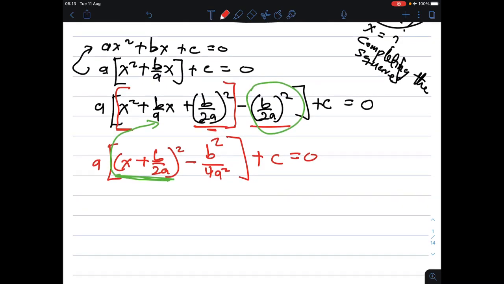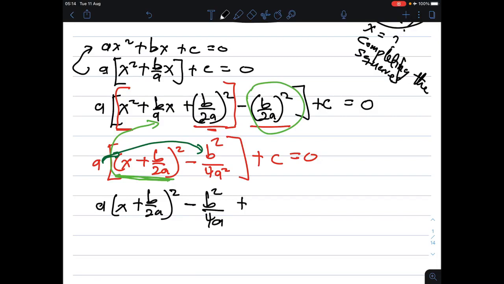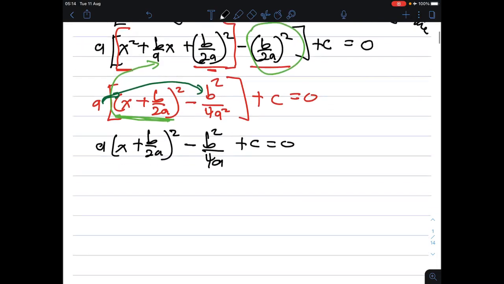So at this time, what we want to do is that we want to use this a to multiply this and then use it to multiply that. Okay, so we will get a times x plus b over 2a all squared, then we will get negative b squared over 4a, okay, plus c equals 0.